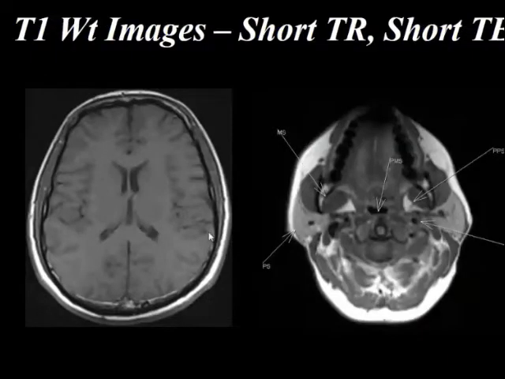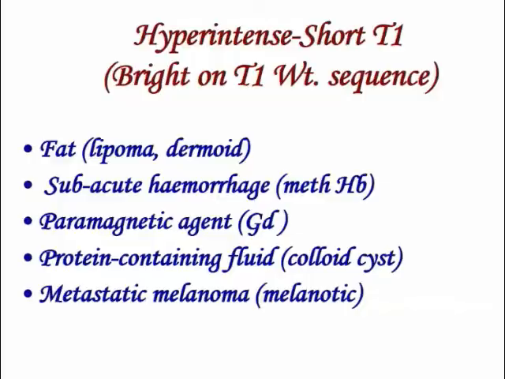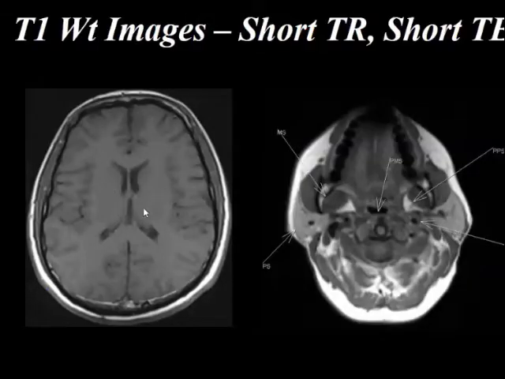So now let's look at this. Now look at this dark structure. It's a T1 weighted image. The CSF is black. So whenever you see black CSF in the brain, it is a T1 weighted sequence. Is it clear?